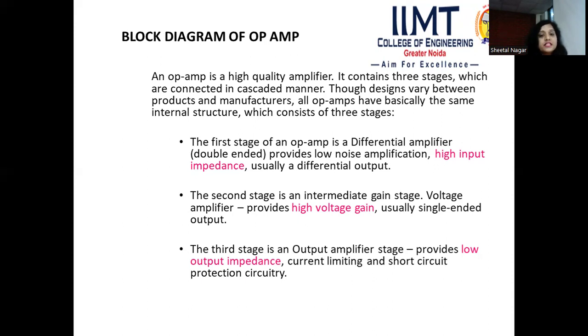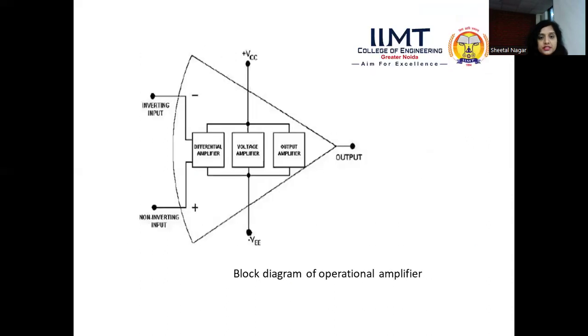The second stage is an intermediate gain stage, a voltage amplifier, which provides a high voltage gain, usually single-ended output. And the third stage is an output amplifier stage, which provides low output impedance, current limiting, and short circuit protection circuitry.